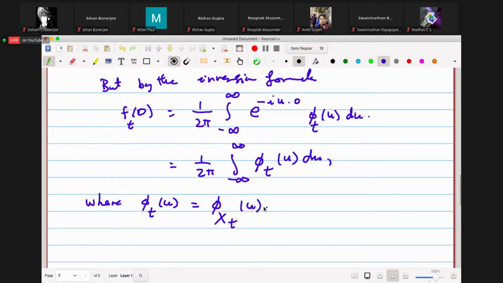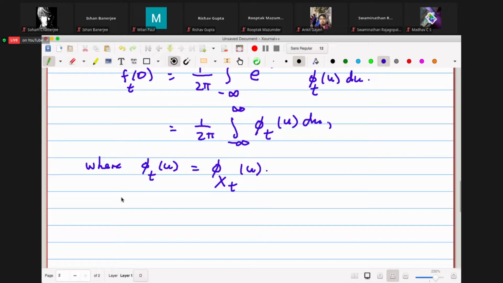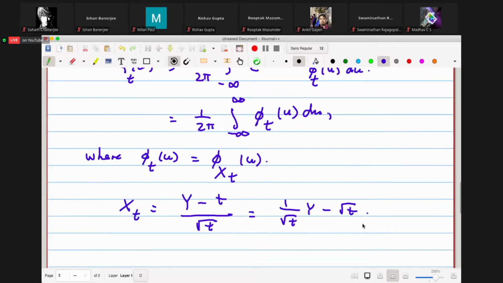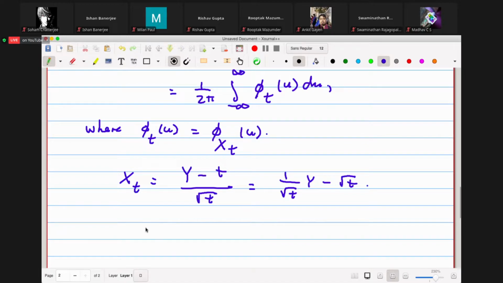So now you have to compute phi xt of u. But xt bears a very simple relation with y. So it is y minus t by square root of t. So it's like a linear combination: 1 by square root of t times y minus square root of t. Correct? So therefore, just apply the formula.